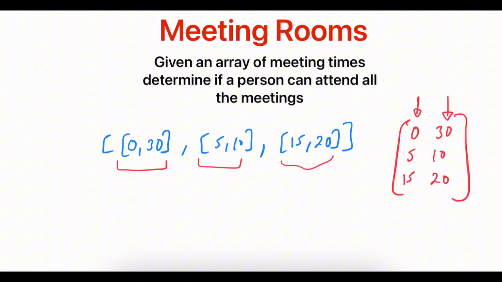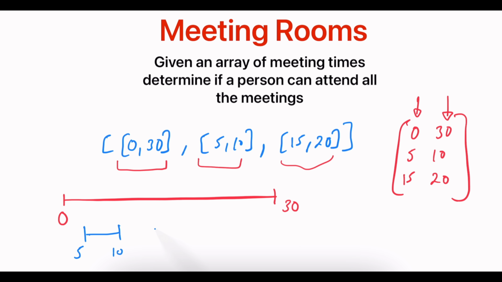So if I draw these values on a number line, it would look something like this. So this is going to be 0, and 30 is going to be somewhere here, and then 5 would be somewhere here, and 10 would be here, and 15 would be somewhere here, and 20 would be here.